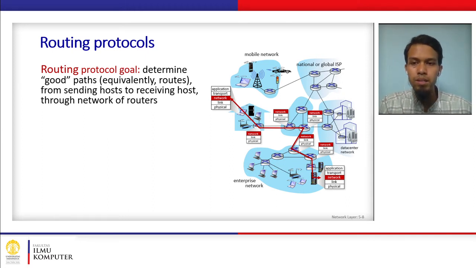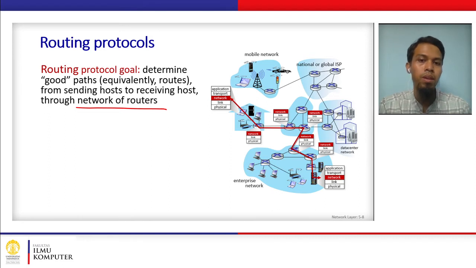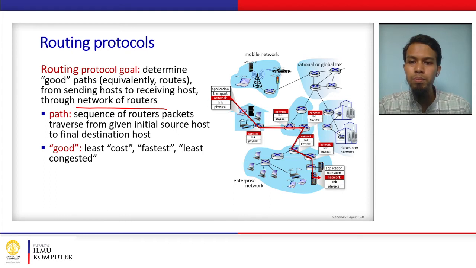So now we include another component in the network. We already talked about routers previously, but now we'll see more functions of the routers, besides just forwarding. The path is the sequence of routers that packets traverse from a given initial source host to the final destination host.